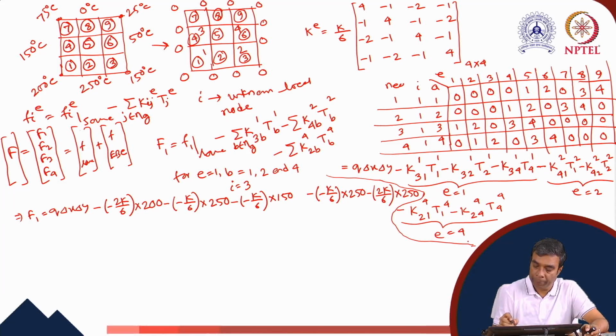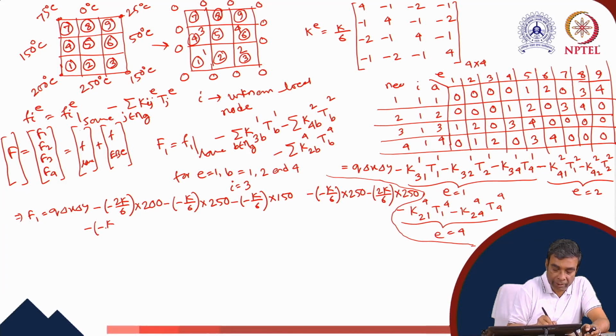Now we are left with the last term, minus K214 T14. K214 is minus k by 6, so this is minus k by 6 into T14. For the fourth element, T1 is 150 degrees centigrade, so minus K244 into 150.